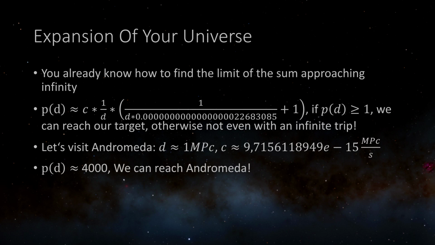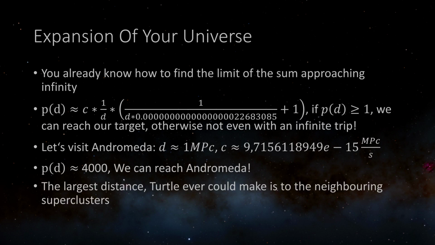So the next thing we could probably look at would be something like the local group of galaxies, where we want to go to the neighboring group. In fact, there's a nice graphic, and I'm going to show it to you soon. So the largest distance we could ever go to is the neighboring supercluster. No idea if you've ever heard of this, but you'll see soon.